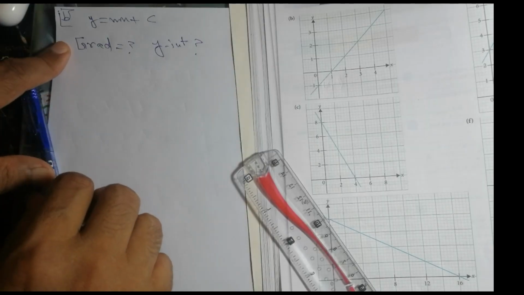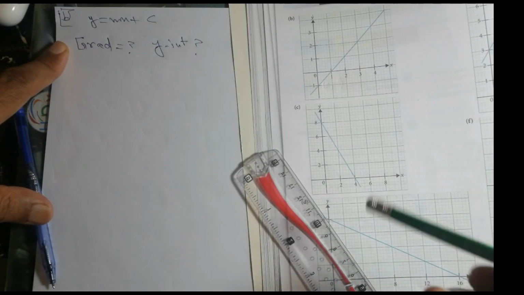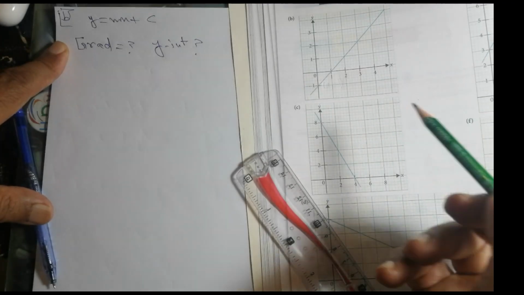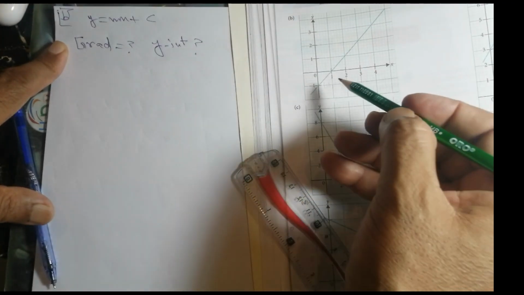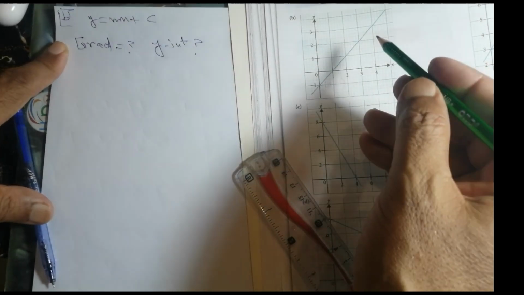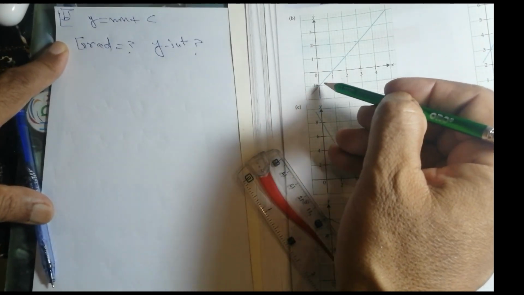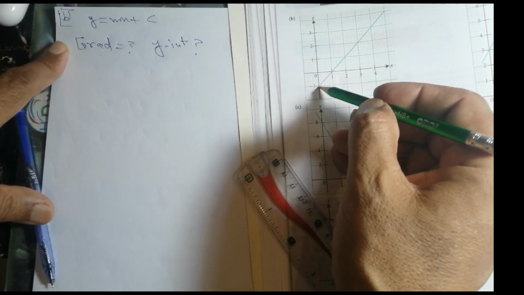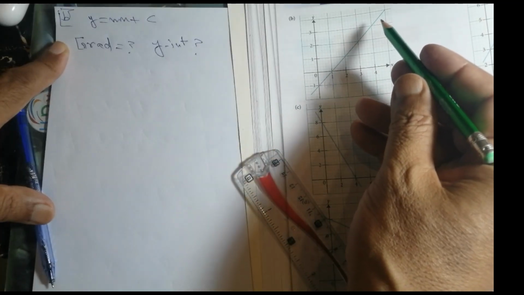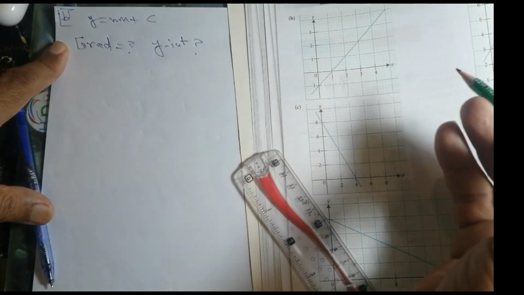For the gradient, as I told, first you should know whether it is positive or negative. We see this line goes from left to right in an upward direction. If we move from left to right its direction is upward, so its gradient will be positive. And now what is the gradient?